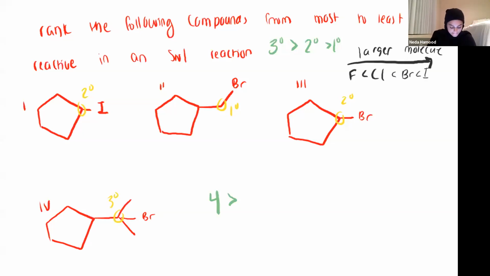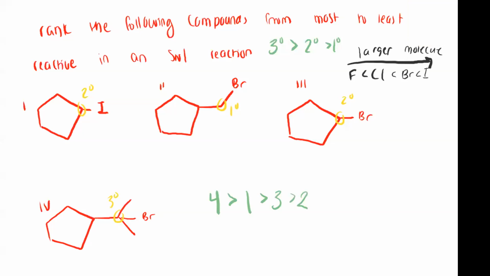Iodine is big, so after that we would have 1, then 3, and lastly 2. Does that make sense to everybody? SN1 is always 3, 2, 1. Does that make sense for everybody? Yeah.